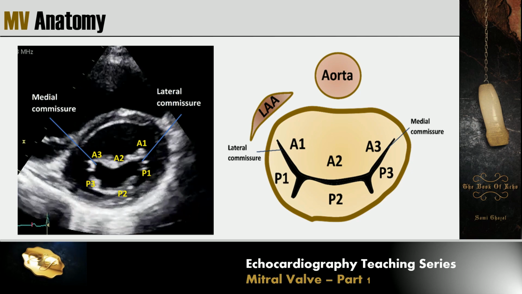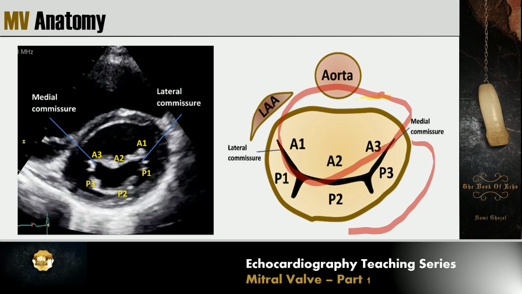So the mitral valve has two leaflets. One large anterior leaflet and a smaller, crescent-shaped leaflet, which is the posterior leaflet.